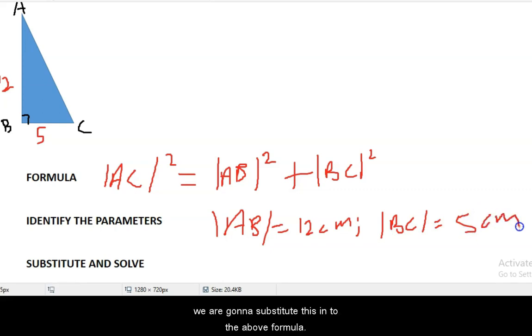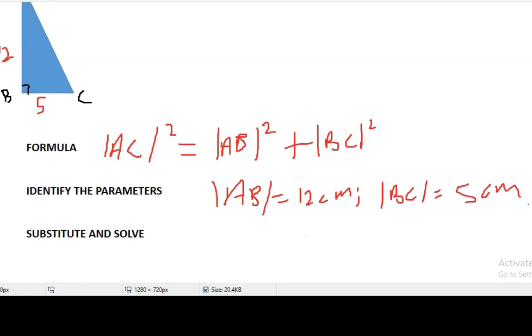I'm going to substitute this into the above formula. So we're going to end up with AC square equals 12 square plus 5 square.